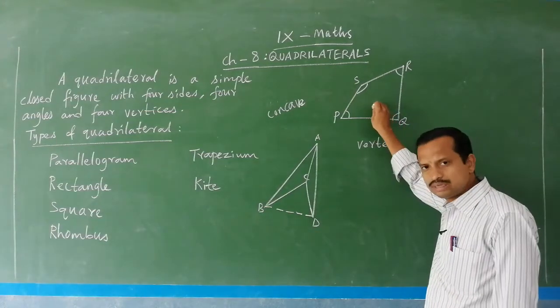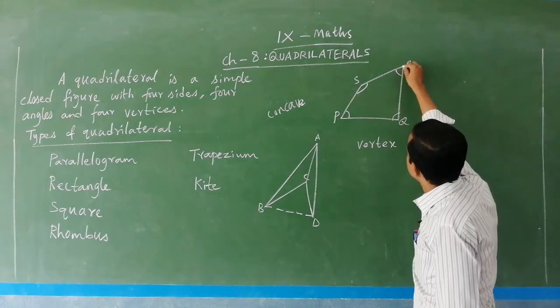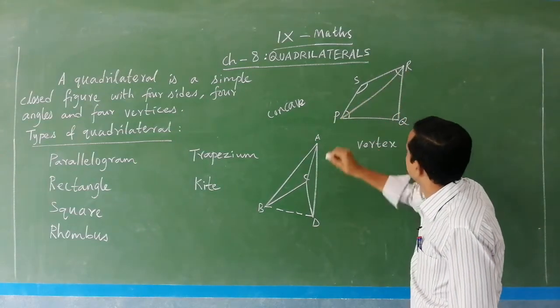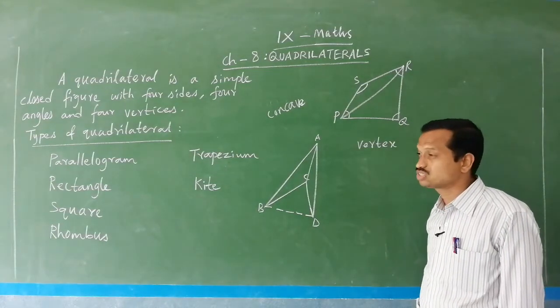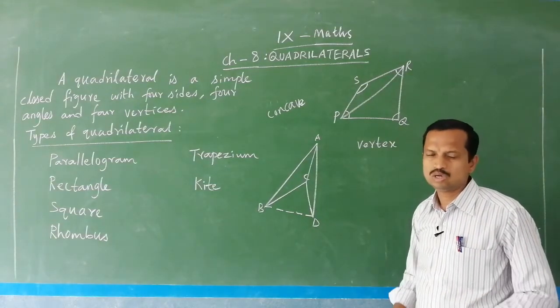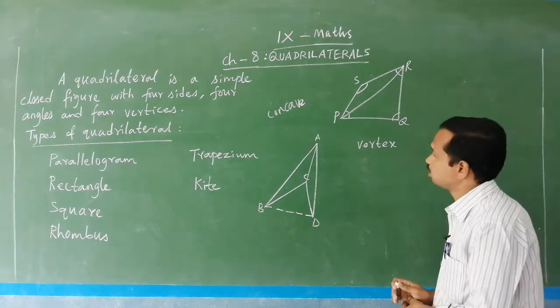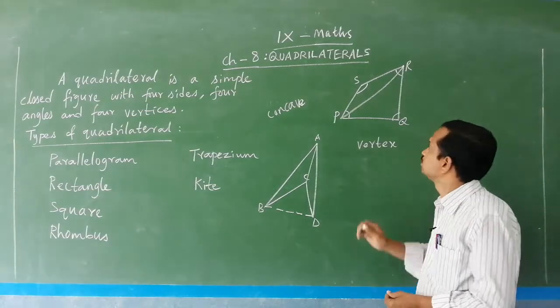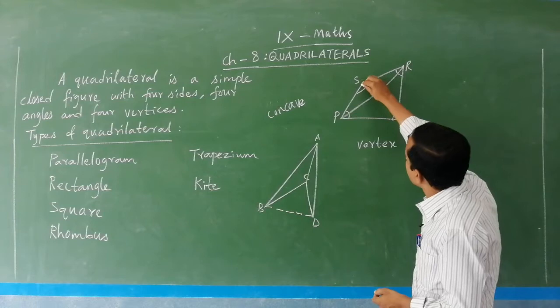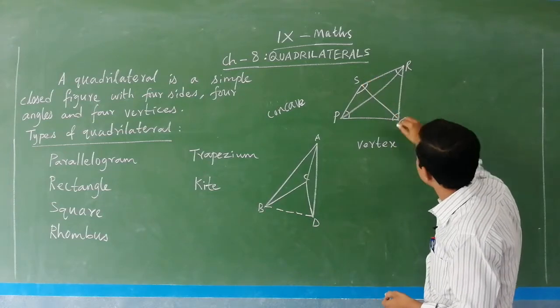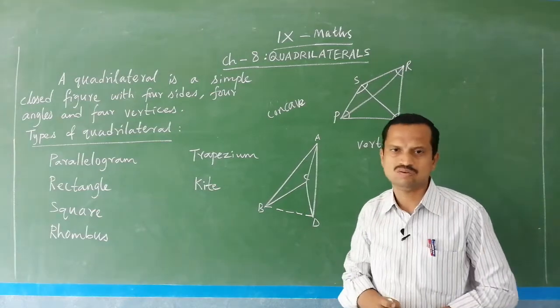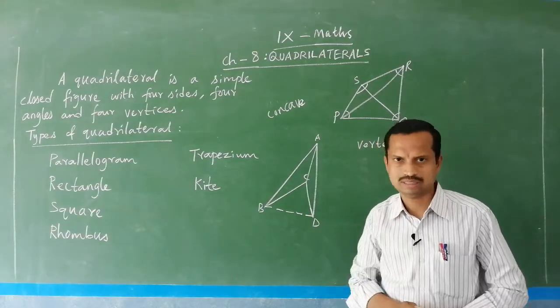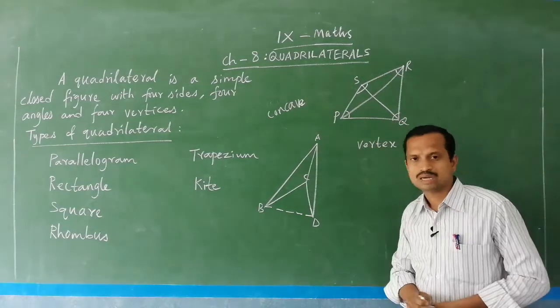Whereas in the normal quadrilateral, if you join two non-adjacent vertices, you can get a diagonal. So here P and R are opposite or non-adjacent vertices. Q and S are also two non-adjacent vertices. If you join, you get a diagonal.